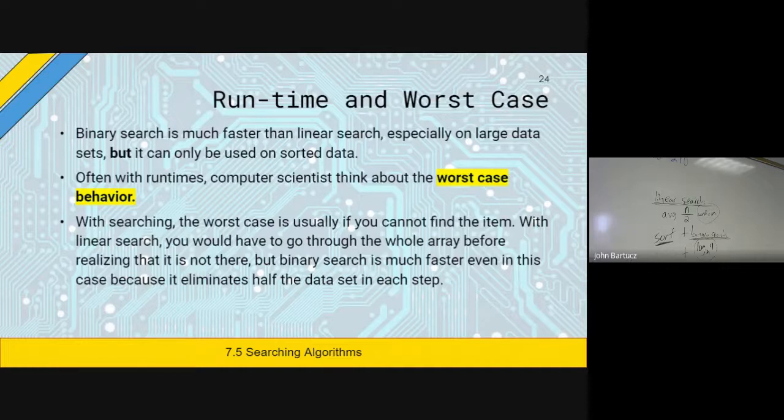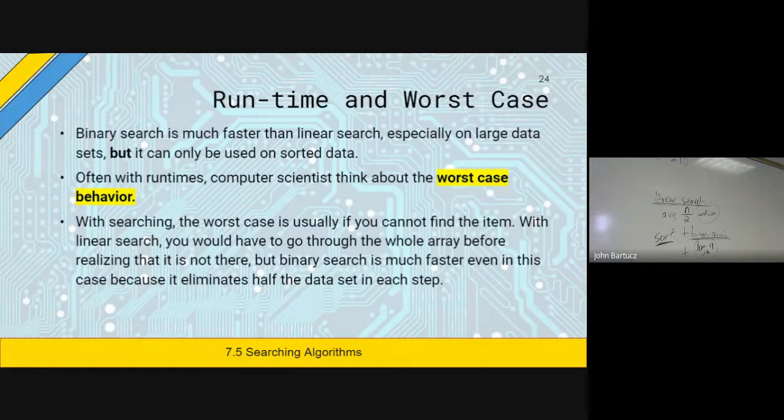If it goes up with n squared, right? So you have to check everything for every time, then that's going to start going up as you add more items, right? The runtime is going to go higher and higher and higher pretty quickly. If you have 2 items, it has to check 4 times. If you have 100 items, it has to check 10,000 times.